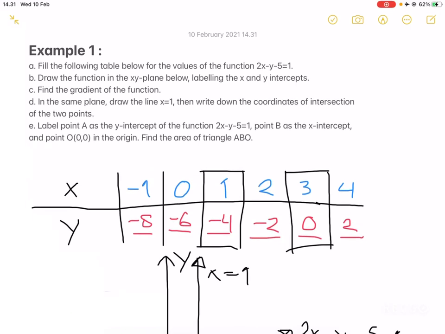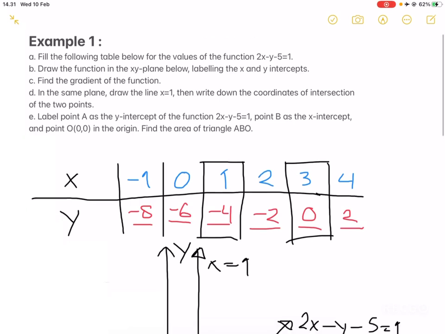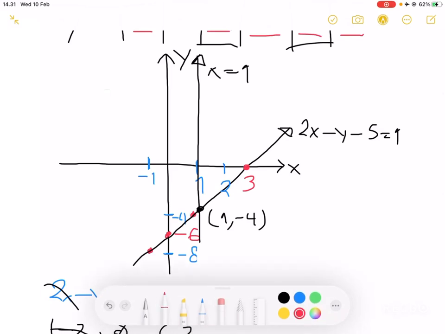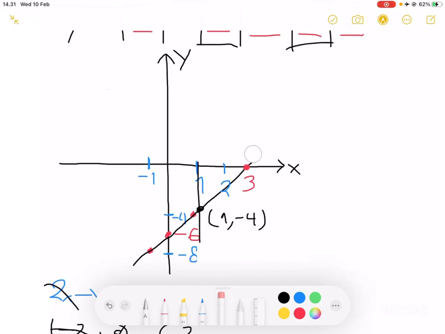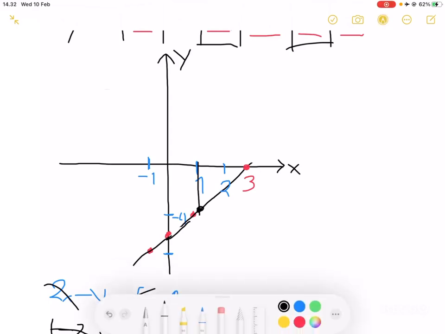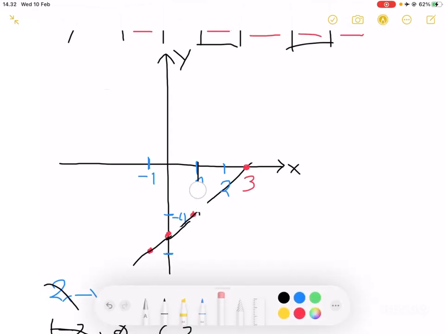And for the last part, label point A as the y-intercept of the function 2x minus y minus 5 equals 1. So the y-intercept. I'll just erase some unimportant details for this part specifically.